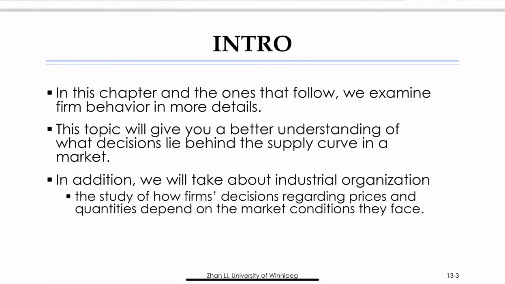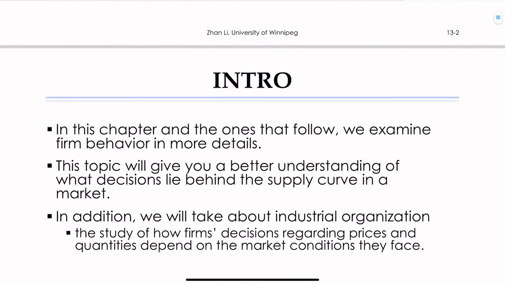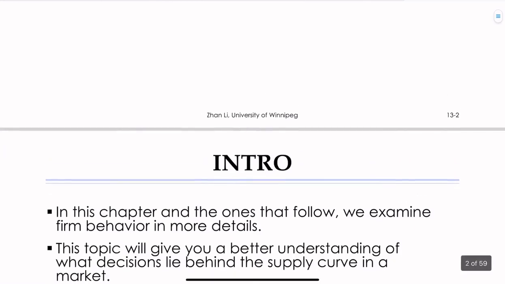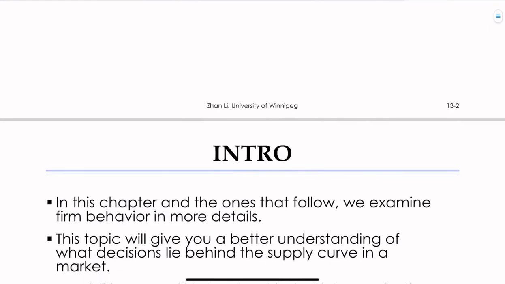Basically, we could connect the second half of this intro to micro to the first half. Remember that the central tool in the first half is the demand and supply curve. It's this guy here. Now, you might wonder, how could you get this supply curve?